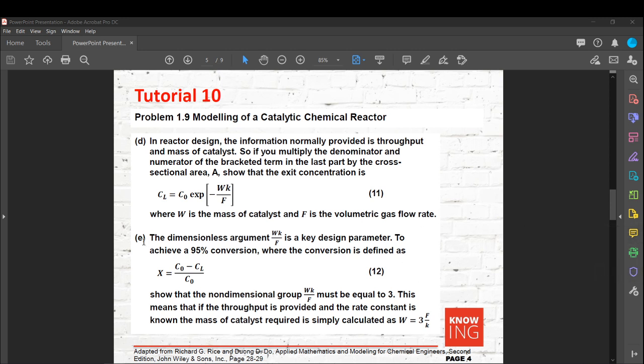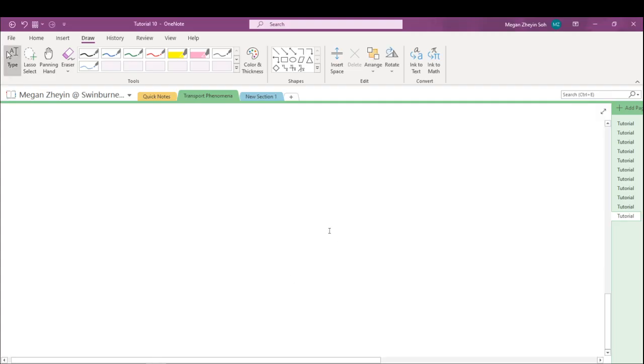And for E, the dimensionless argument Wk over F is a key design parameter. To achieve a 95% conversion, where the conversion is defined as this, show that the non-dimensional group must be equal to 3. This means that if the throughput is provided and the rate constant is known, the mass of catalyst required is simply calculated as W equals 3F over k.